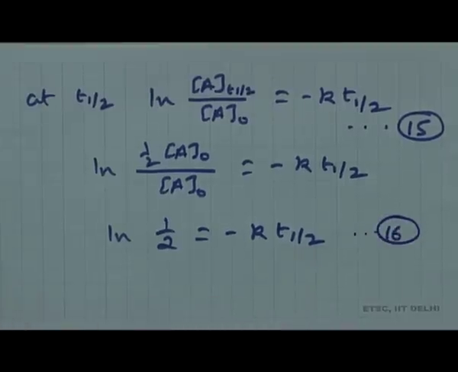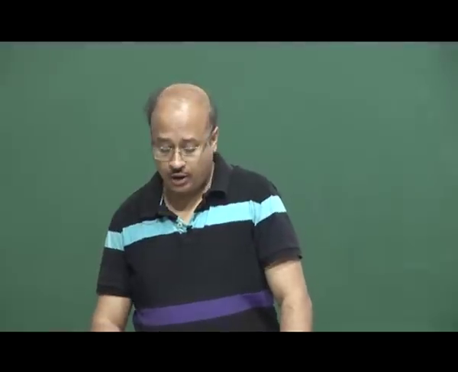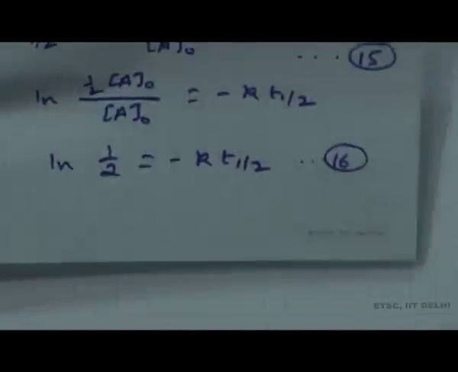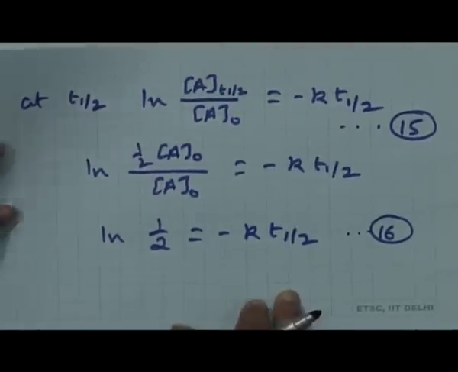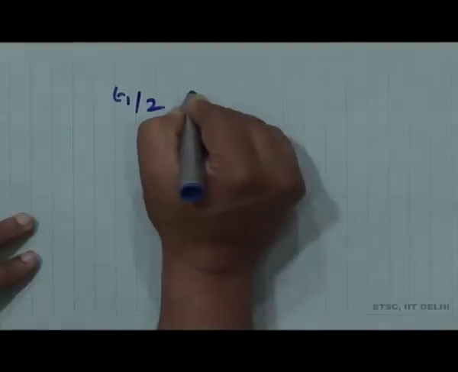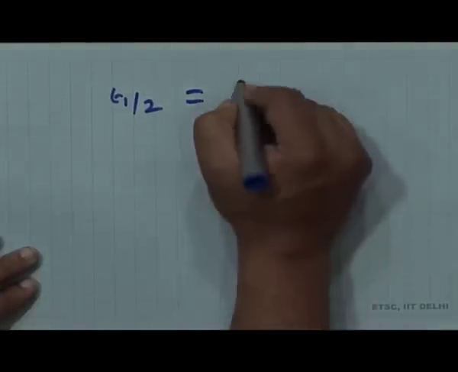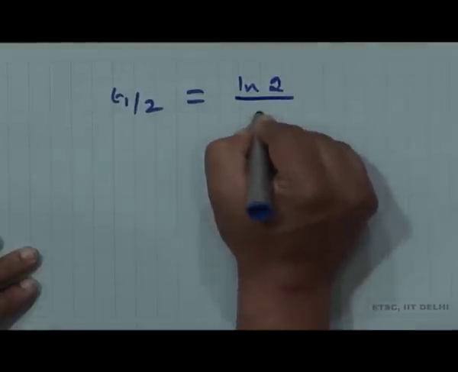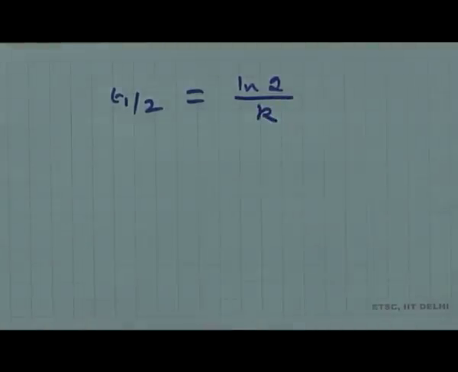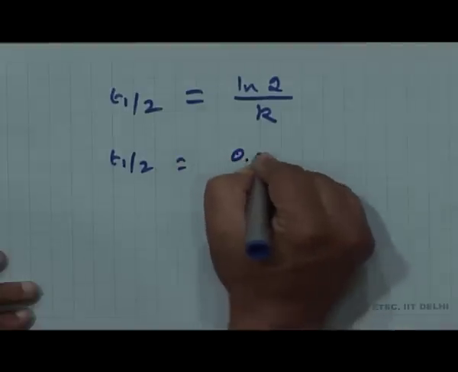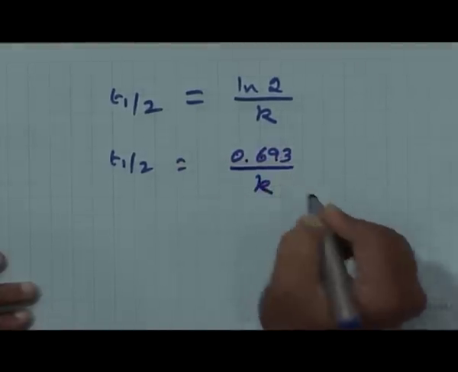Okay, from here what would I get? What I get is I can immediately write that, hopefully you will realize, from here I can make this transformation to go to T half is equal to what I am sure you realize is 2 over k, right, and this can also be written as T half is equal to 0.693 over k.